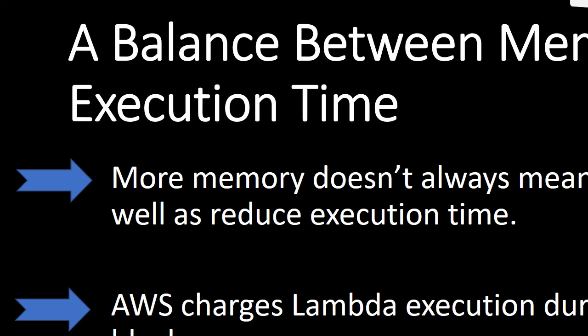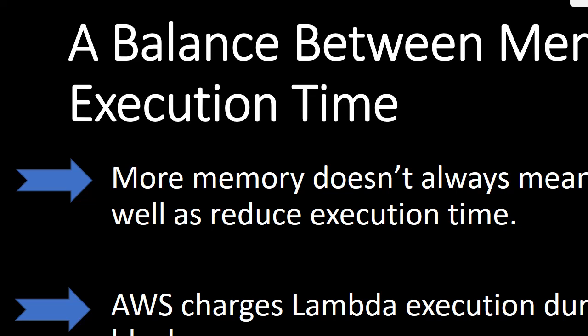But after a certain limit, it will not be able to reduce the execution time more, because the maximum CPU allocation it can do is already done, and increasing more memory will not help reduce it further down. Second thing is, the more memory you put, the cost of that memory will be higher. So now you have to balance it out.